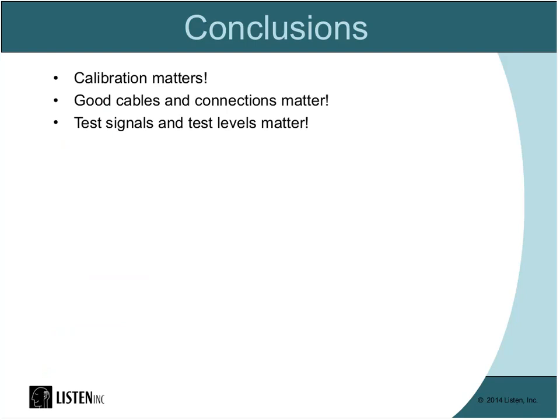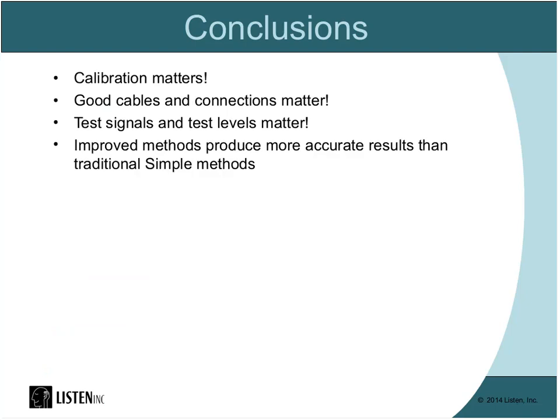Test signals and test levels matter. As you saw, it can have a dramatic effect on the resonant frequency, the Zmax and the Q, and adversely affect the Thiele-Small parameters. And the improved method, where we actually have the sense resistor in the feedback loop of the amplifier, really does improve things dramatically, both in terms of accuracy and reliability and simplicity.